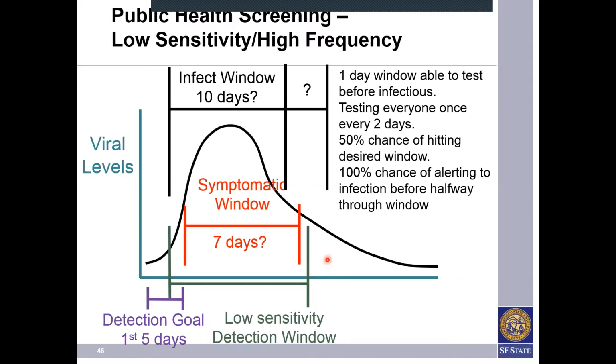If you've got a 1 day window and you're testing someone every other day, you've got a 50-50 shot of actually getting a positive result before they've had a chance to infect anyone. And virtually 100% chance of getting a positive result before they've gone significantly through their window of contagious time.